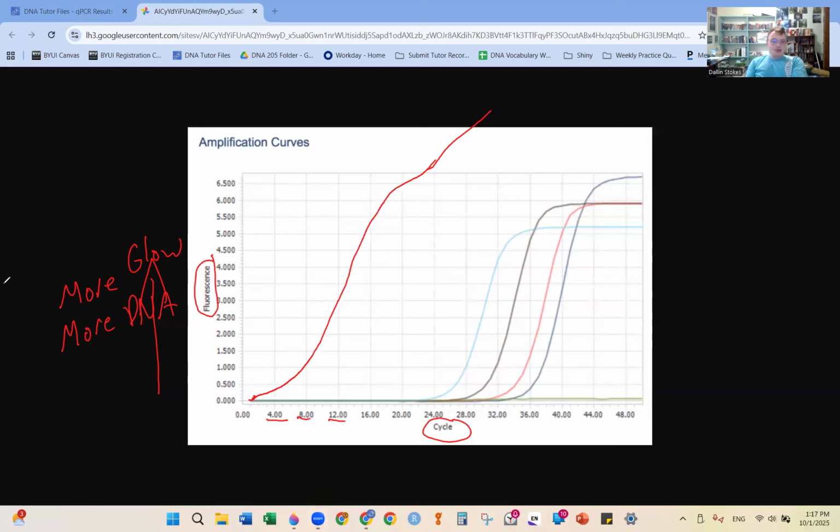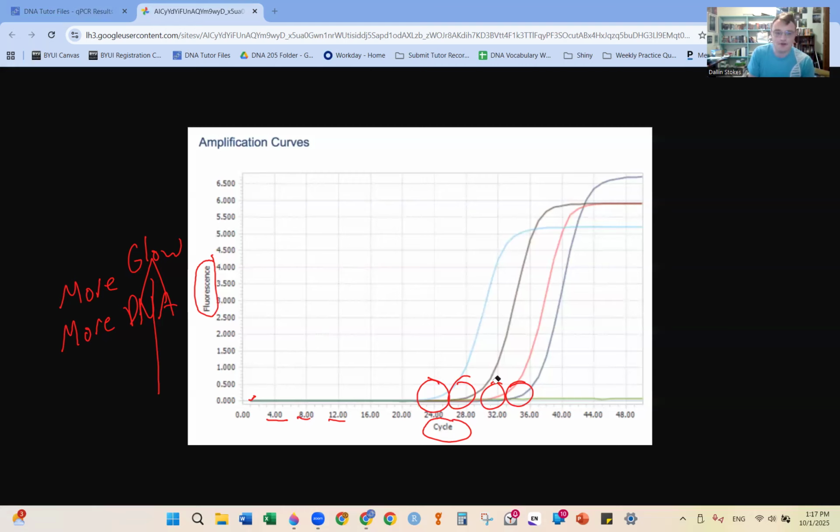The way it actually works, let's see here. Where's my eraser? There's my eraser. The way it actually works is you'll notice a couple of things. One, the line starts late, and each of these different colored lines is a different PCR reaction that they did, and they just plotted them all on the same graph.